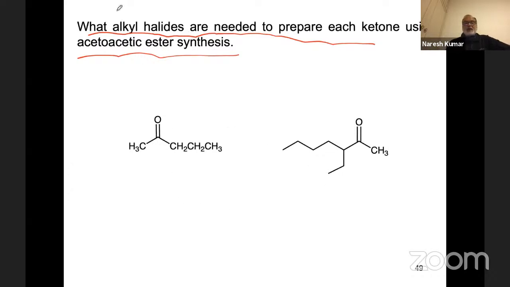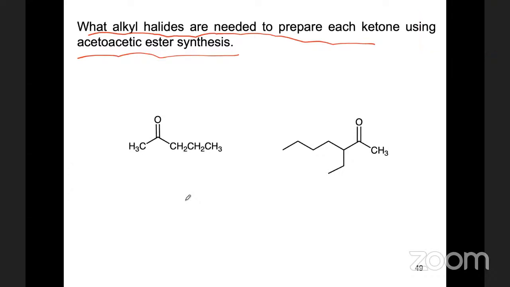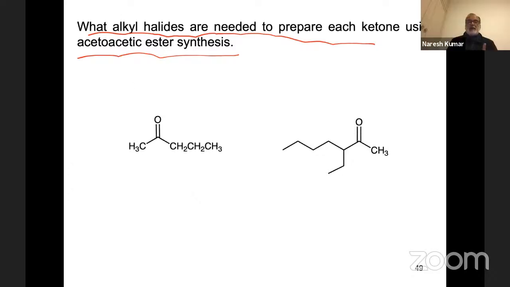Again, I'm going to give you 1 minute to think about what alkyl halide you will need. I can give you a hint. Think about what part of the molecule is going to come from the acetoester, and the remaining is going to come from the alkyl halide. So give you 1 minute to think.